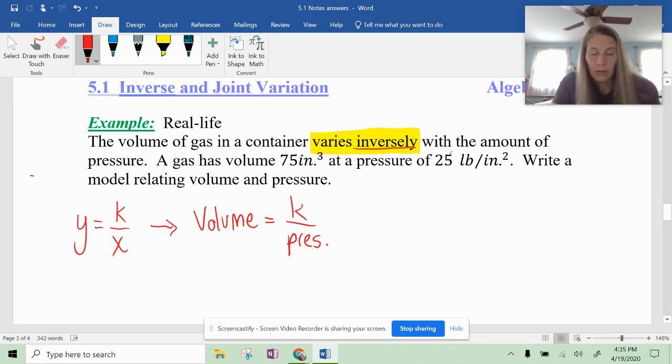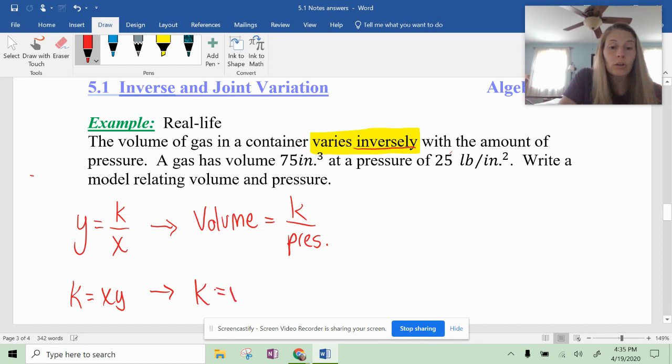Just like we did on the last page, we're still going to find the k and then write the equation, and then we can substitute in whatever other numbers we want to continually solve for them, right? First we have to find the k. So the k is still no different. To find the k, you're multiplying x and y. So in this case, you're going to multiply the volume and the pressure that you already know go together.